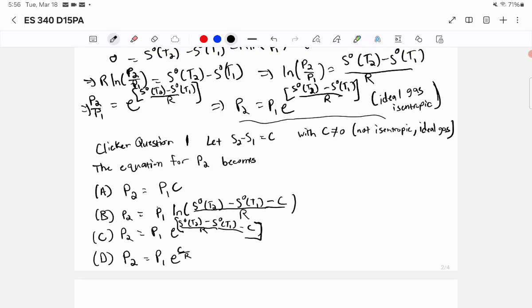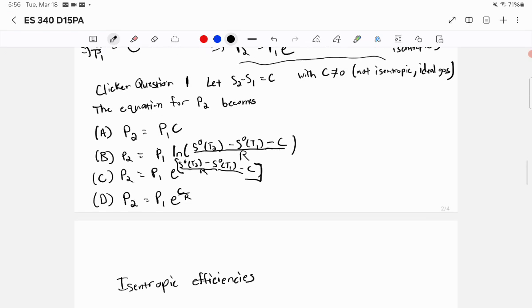You should be able to solve that out, I would hope. Is it P2 equal to P1 times C? P2 equal to P1 times the natural log of S circle of T2 minus S circle of T1 minus C over R? P2 equal to P1 e to the S circle of T2 minus S circle of T1 minus C over R? Or is it P2 equal to P1 e to the C over R?